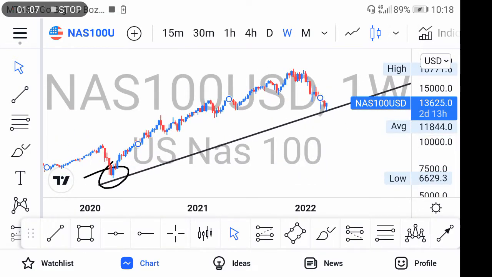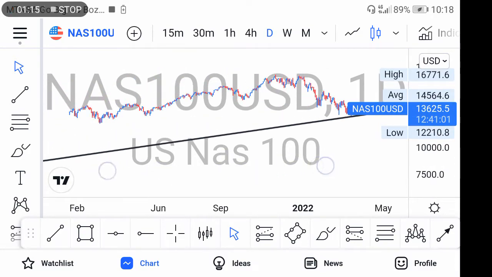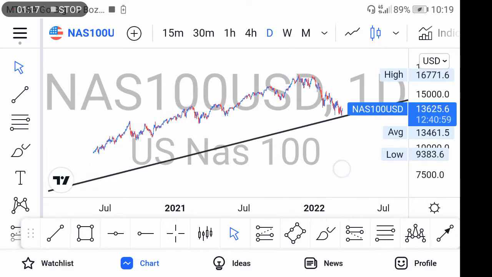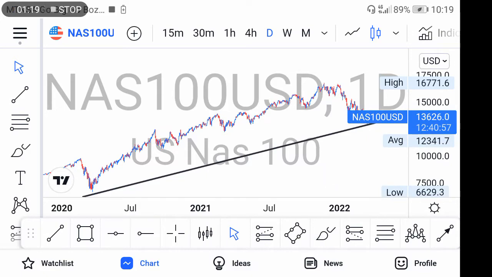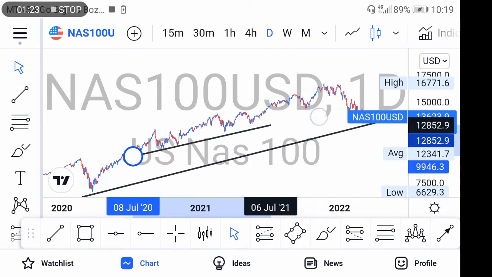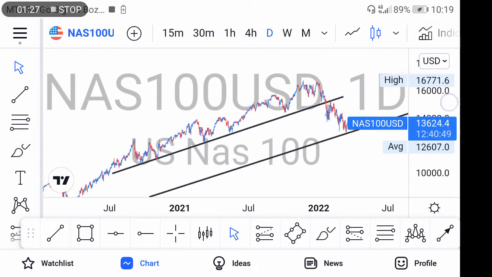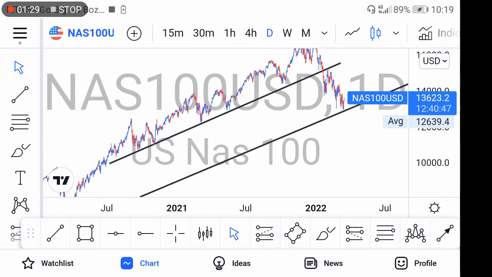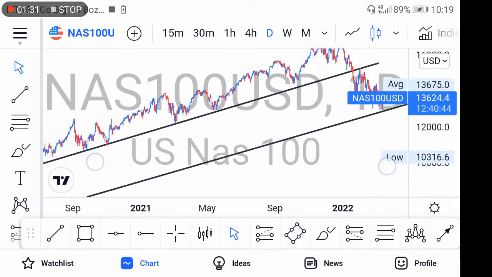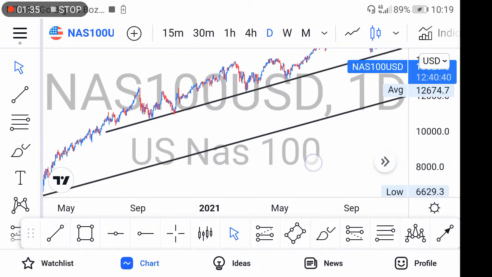So from our weekly time frame, we go to our daily. On daily we also put another supporting trend line. That's all we need so far. It's only the weekly trend line and the daily supporting trend line, because we're looking for buying opportunities.